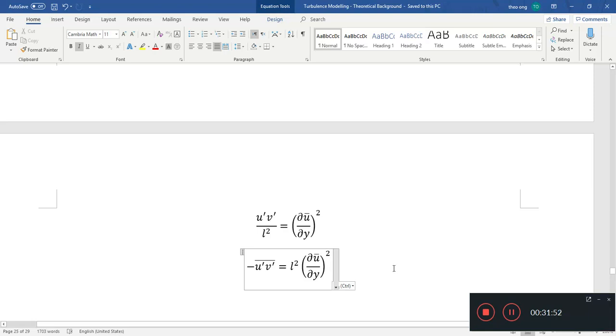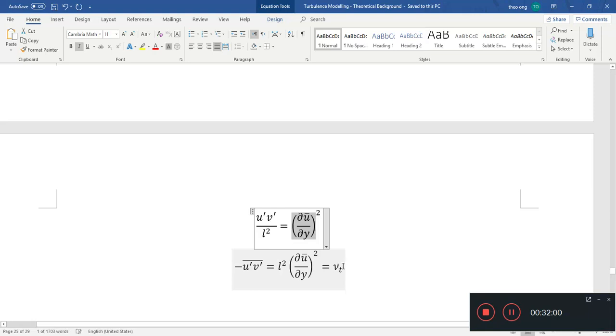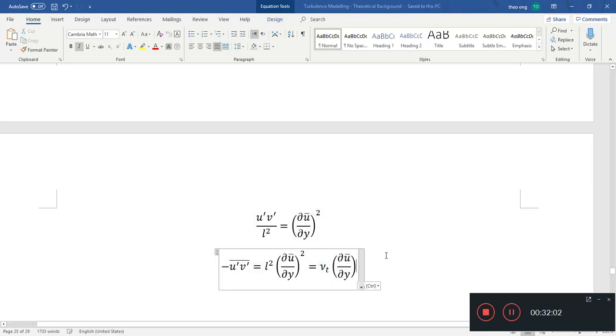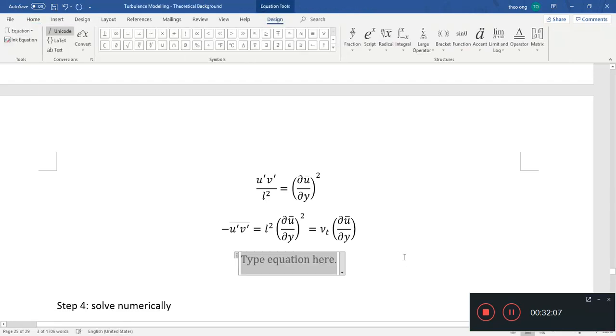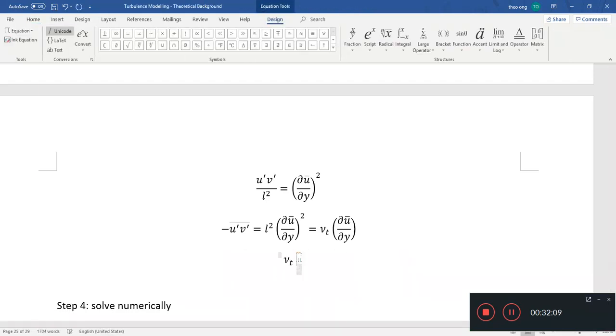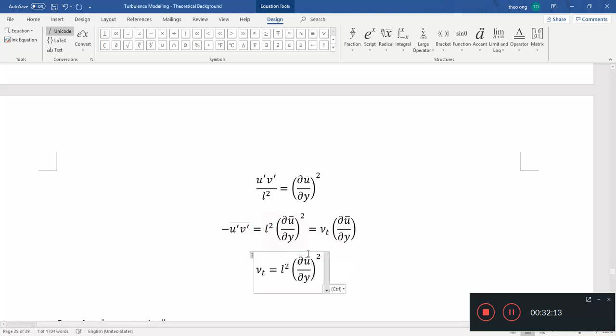Now we also realize that we can relate this to nu t times partial u partial y, because this is what our closure turbulent viscosity model is. So now if we compare the equations, nu t equals L squared times the absolute value of partial u partial y. This is the basic mixing length model.